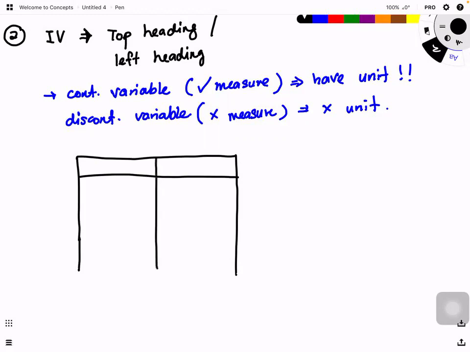So you can put your temperature here. And we do know that temperature is something that we can measure, right? So it must have units. In this case, degrees Celsius. Can you see that? And you must have a complete table.